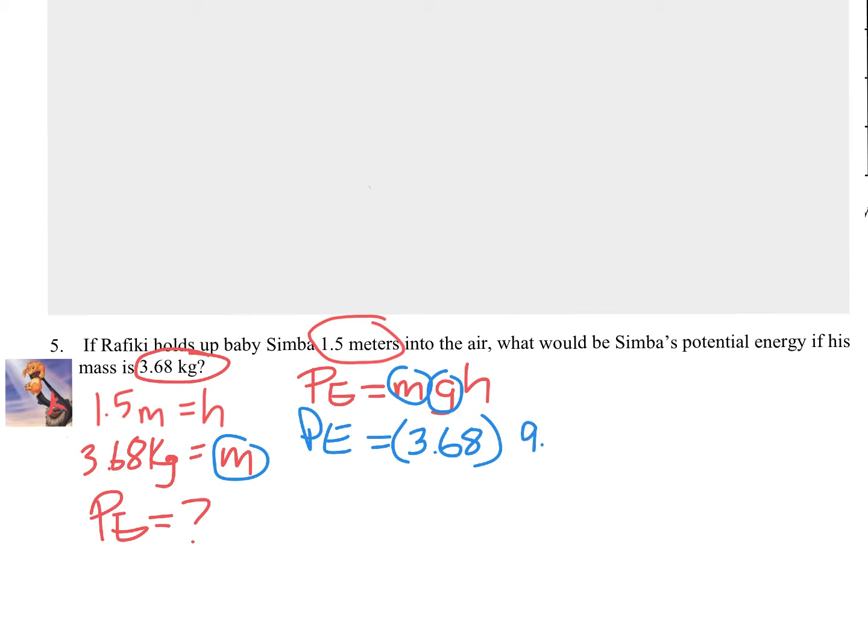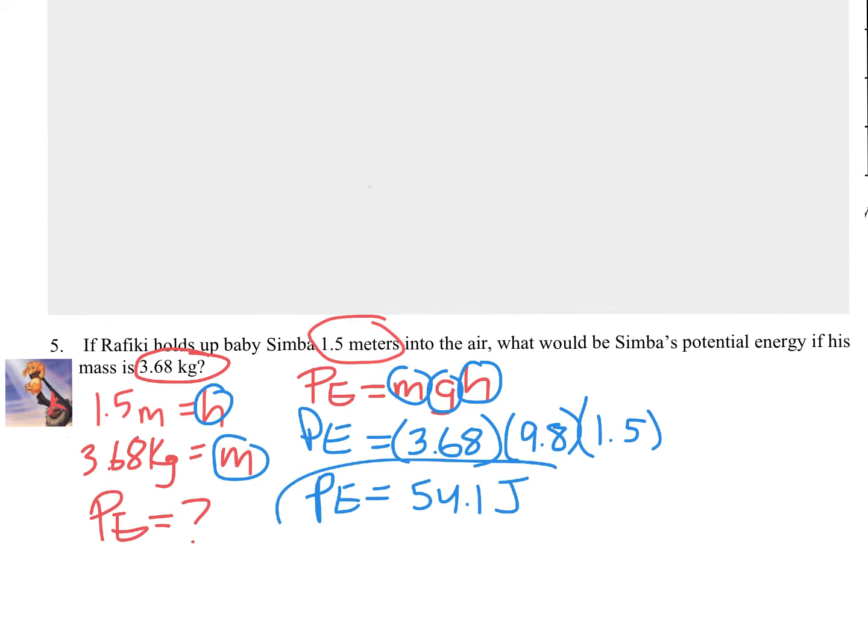We know that gravity's acceleration is always 9.8. And then our height right here is 1.5. So if I put that all together, multiply that out in my calculator, I end up getting 54.1 joules of energy. So that's the total potential energy for baby Simba.